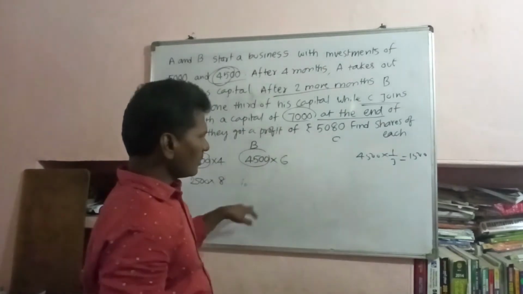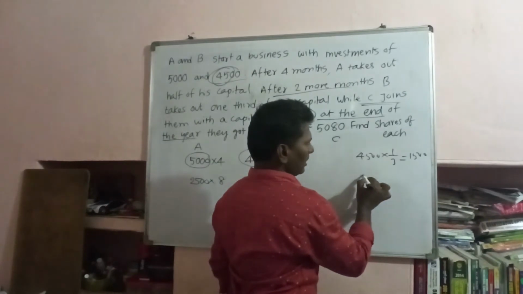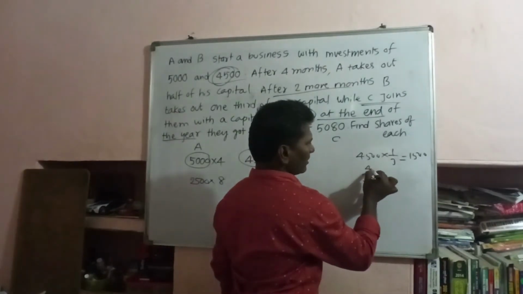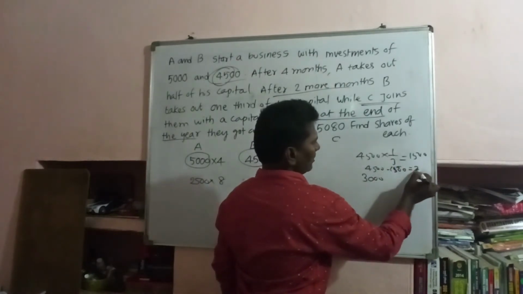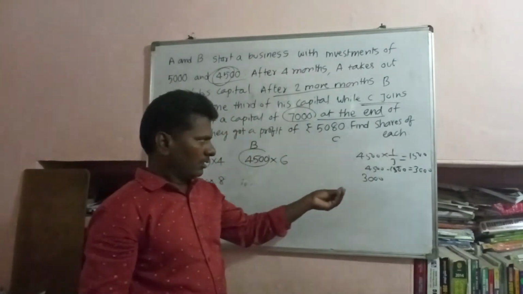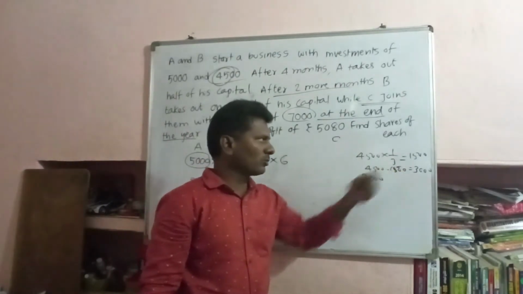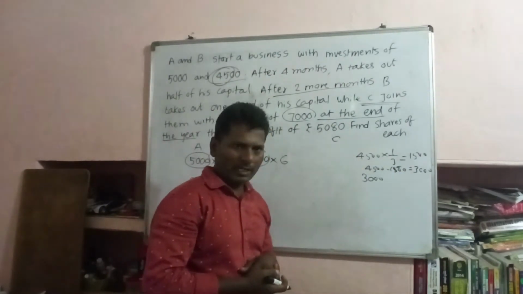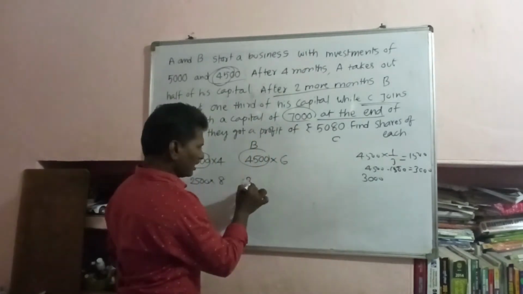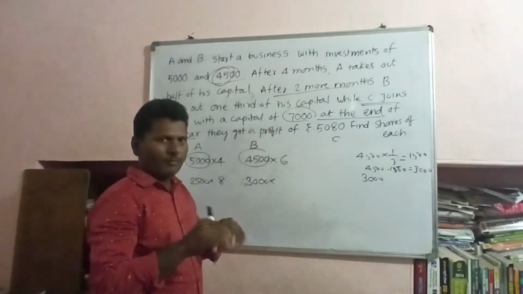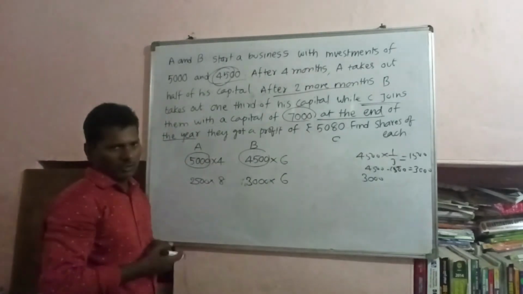So he took 1,500. Remaining amount is 3,000. If we subtract 1,500 from 4,500, we get 3,000. This 3,000 was in the business for the remaining 6 months. Totally 12 months, 6 plus 6, 12 months.